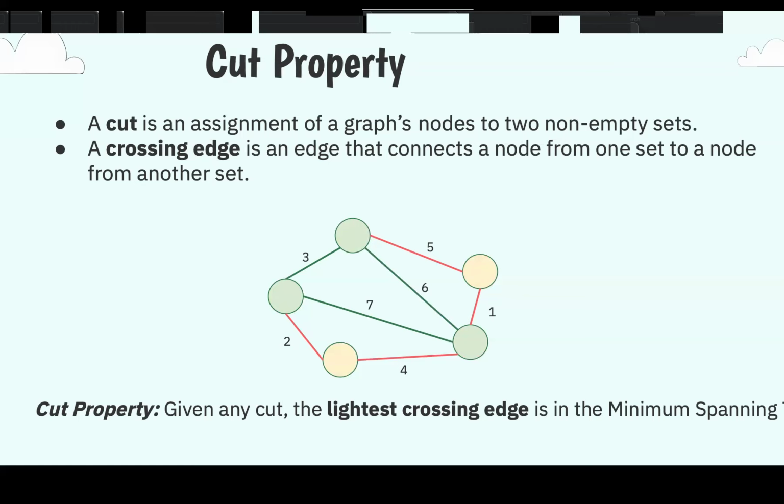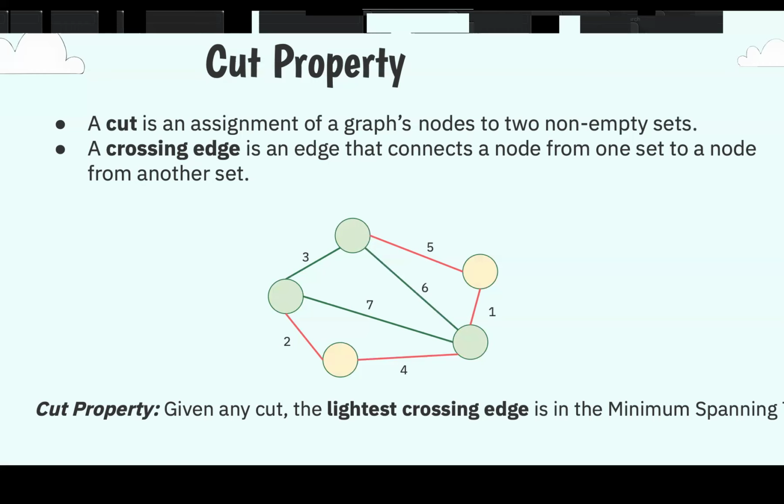But the value one is not necessarily a crossing edge. If you have a different cut, then one might not be a crossing edge. If you have a cut, you're always going to have a crossing edge, but not necessarily one. The value might not be one. It could be some other value. It depends on how the nodes are placed into those groups.